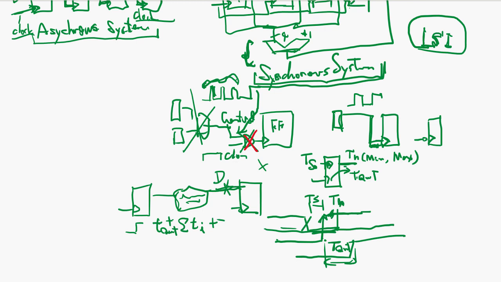So you need another T setup time. So TQ out and T setup time, plus intermediate logical delay time, all together should define the maximum clock rate. Okay. So this is the clock rate you define.